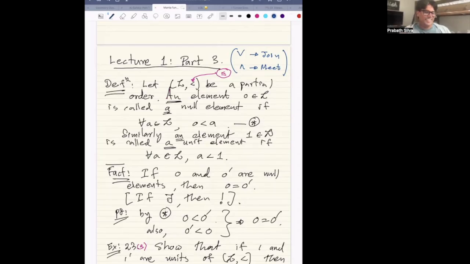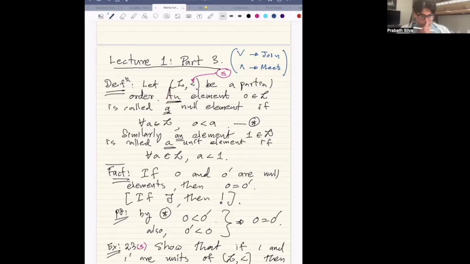You always work in a particular example. For example, in the world of sets, then I use intersections and unions and so on.